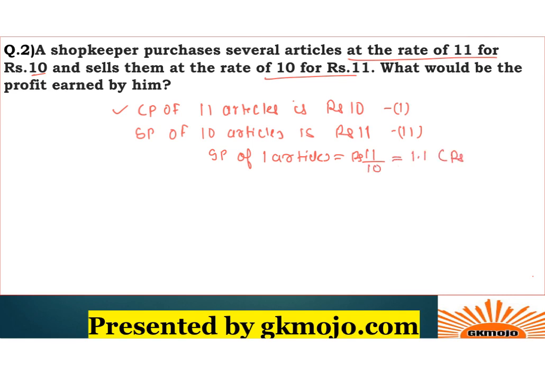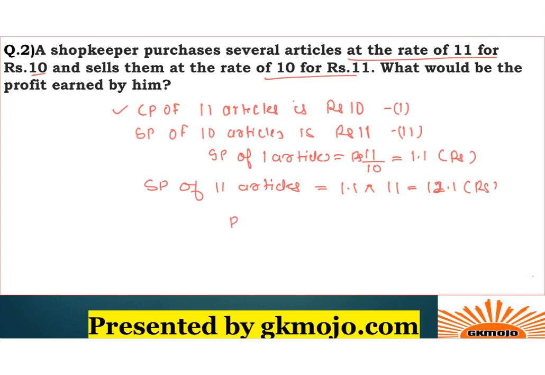Rupees 1.1. So what would be the selling price of 11 articles? When he sells 11 articles, the selling price will be 1.1 into 11, which is 12.1 rupees, correct? So what would be his profit?